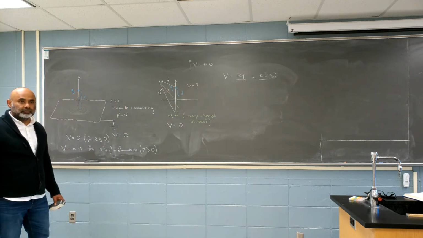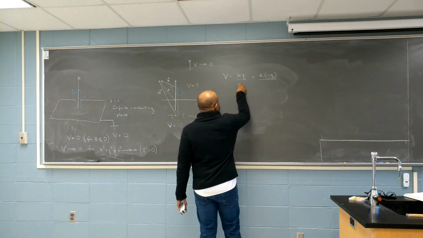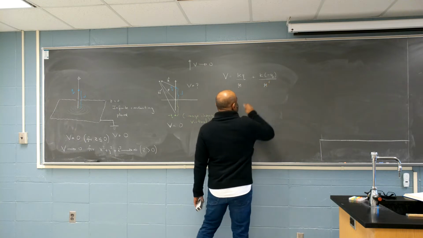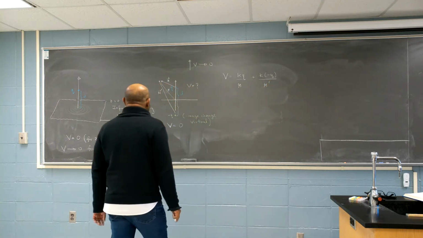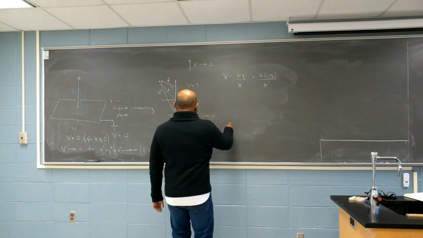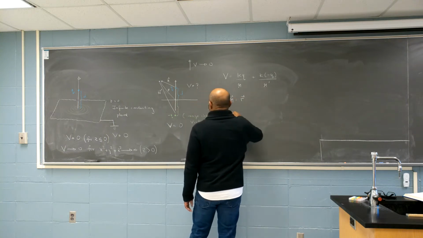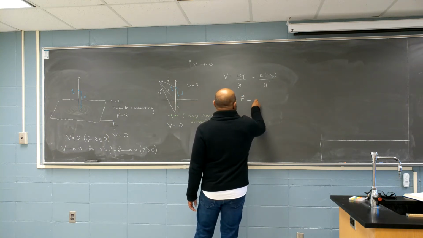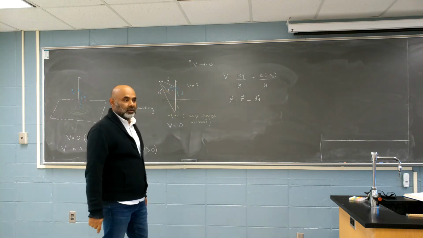So this is R, and this is R prime. R is equal to R minus d z hat. Is that true?